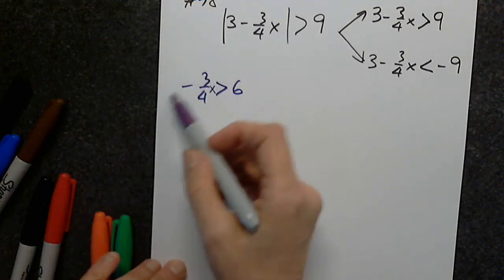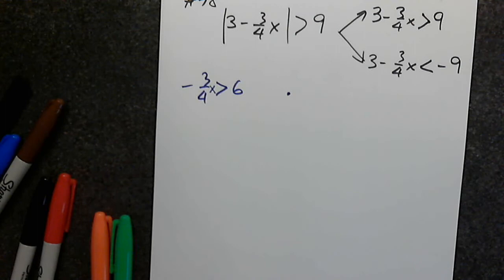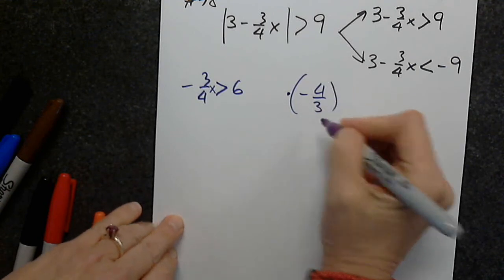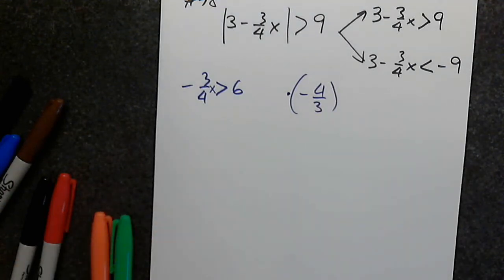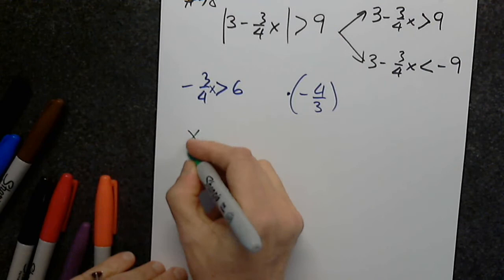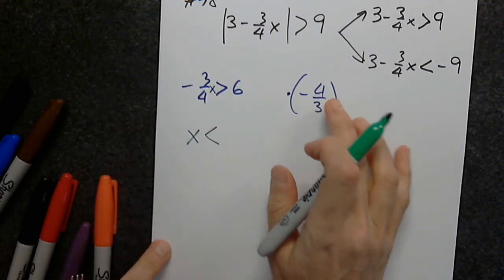I want to eliminate this. I will multiply both sides by? Yes, but also negative. Very good. The multiplicative inverse or the reciprocal of negative 3/4 in order to get the 1. So the left-hand side is? Awesome. What happens to the inequality symbol? Flip. Very good, because we multiply by negative numbers.